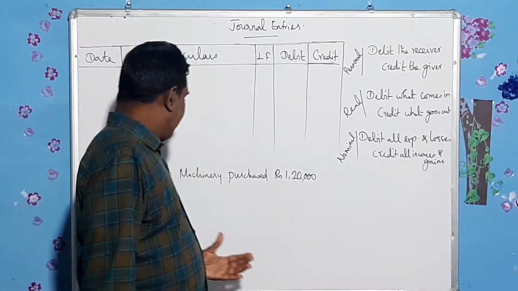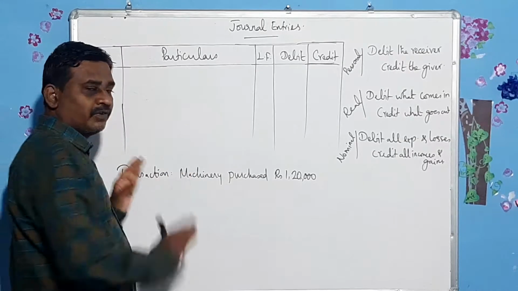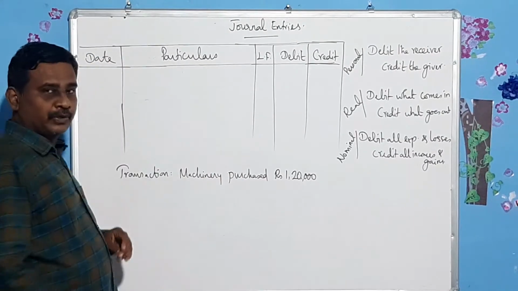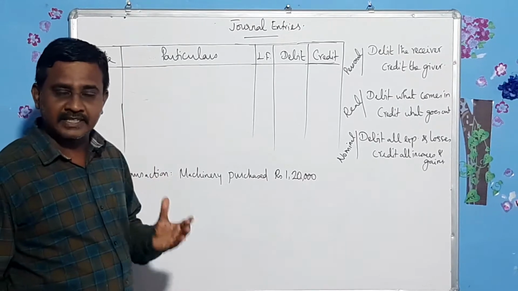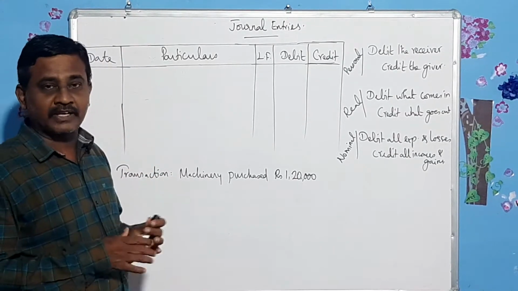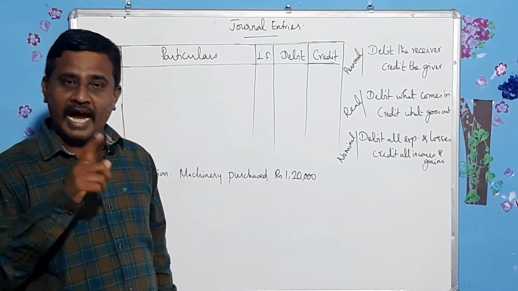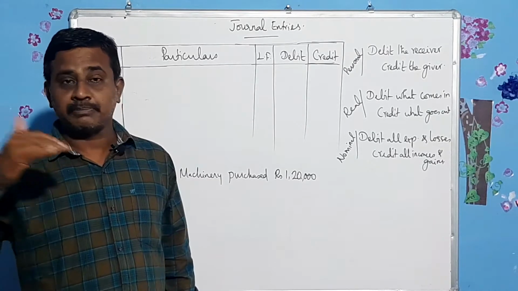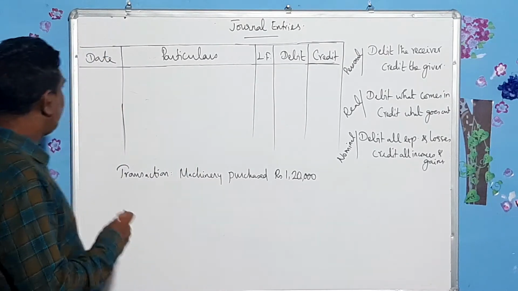Now, this is the format of a journal book. In the date column, the date on which the transaction took place must be written here. And there is a procedure. We follow British English, and we are following the way of writing the date which the British people follow. See how it should be written.